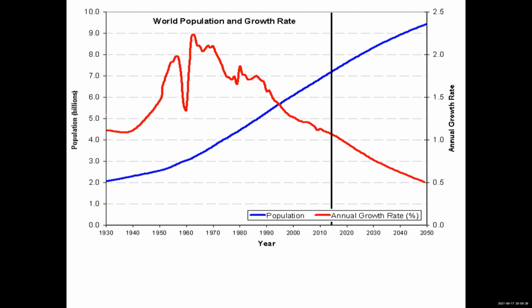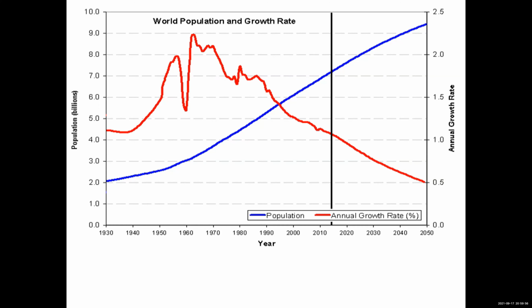And our human population size continues to increase. All right, the size continues to increase. But the rate of increase is decreasing. So we see this graph in red, and this red line is starting to go down, right? That's the annual growth rate. So that's little r, right? So our little r is decreasing.